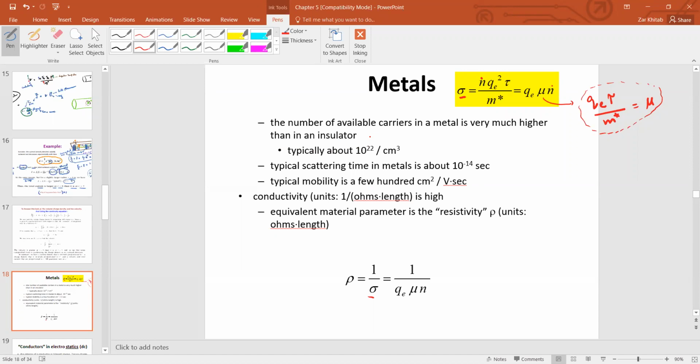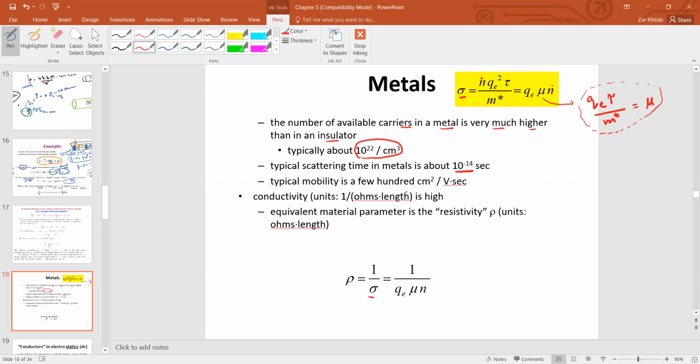Now look. Typically, the number of available carriers in a metal is very much higher than in an insulator, typically about 10 to the power 22 free carriers in 1 centimeter cube. This is a huge number. Typical scattering time in a metal is 10 to the power minus 14 seconds.